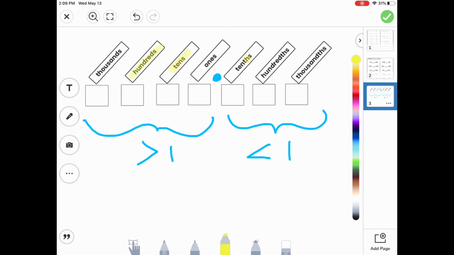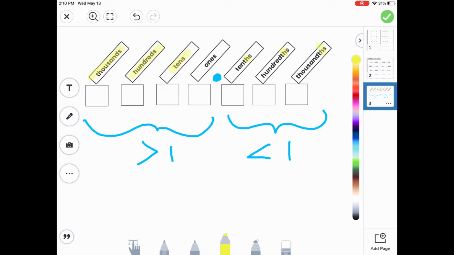Over here I have hundreds, but then on the decimal side I have hundredths. And on the left side I have thousands, and on the decimal side I have thousandths. So the place value goes in the same order, just opposite, and at the end of each word there's a th added, and that's how you know that it is the decimal place value and not the larger place value.